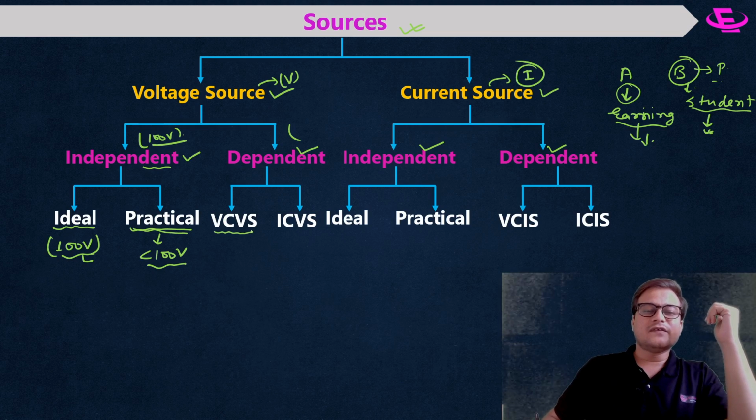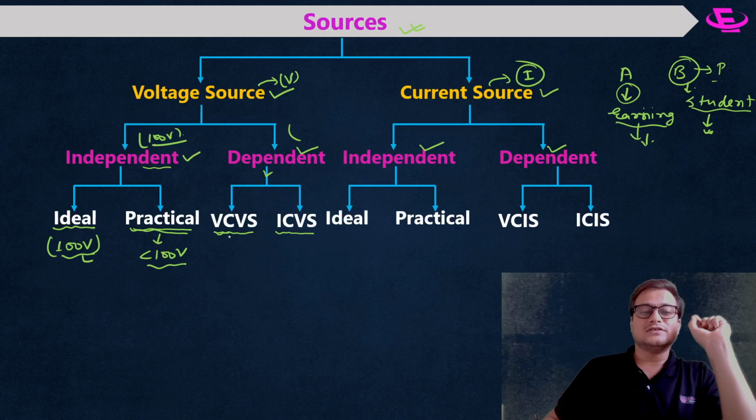Next is VCVS, voltage controlled voltage source, and CCVS, current controlled voltage source. These two are dependent sources. In dependent sources you have two categories. One is where its value depends upon the voltage of another branch, that is the voltage controlled voltage source.